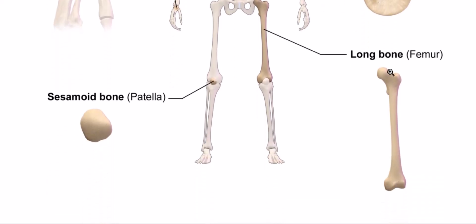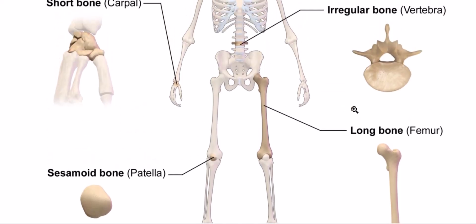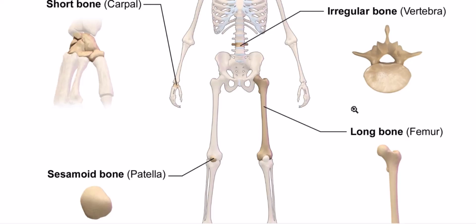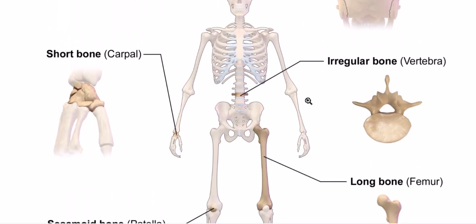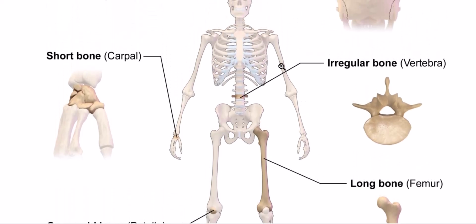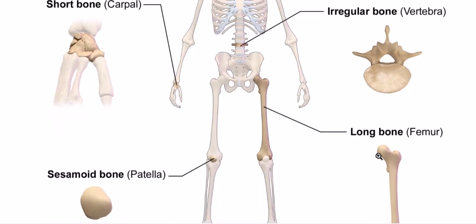Now, this particular picture, as you'll learn from lab, is the femur, the longest bone in the body. And these long bones include all of the bones of the appendicular region. So the tibia, the fibula, the metatarsals, the metacarpals, radius, ulna, humerus, those are all considered long bones.